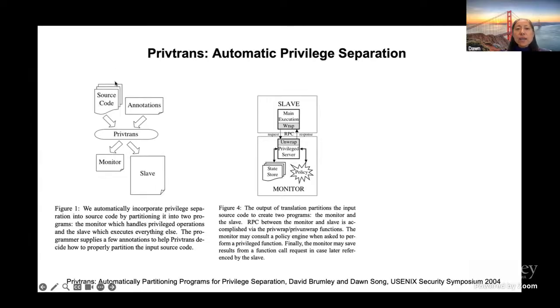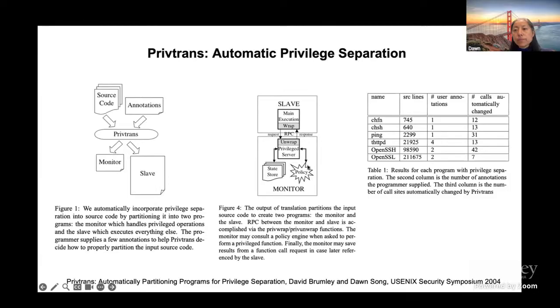And in this case, when a vulnerability is being exploited, even if it's in parts of the code that don't perform privileged operations, because the whole application is monolithic and has a high privilege, the exploited vulnerability can cause the attacker to gain high privilege. Whereas in this privilege separation case, the attacker, by just compromising the unprivileged or low privilege components, will not be able to gain high level privilege.